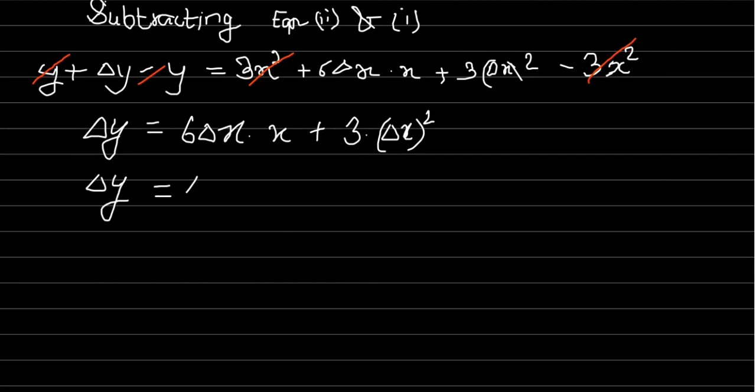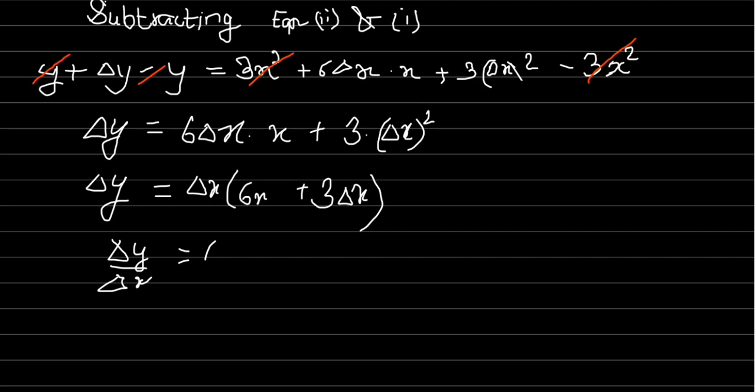Delta x goes to the other side, so delta y by delta x equals 6x plus 3 delta x. After this, I think there is no confusion.